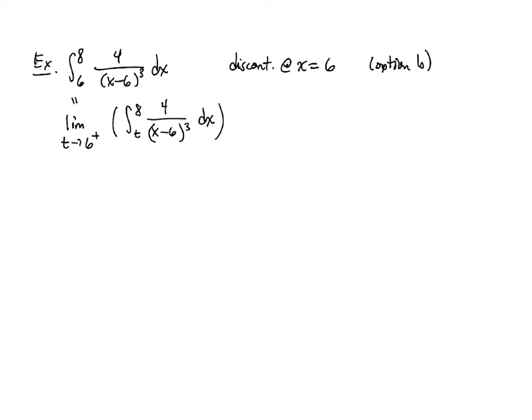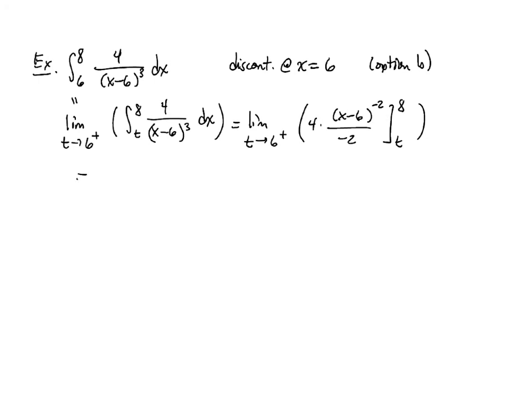Now that integral is relatively straightforward for us to compute. So x minus 6 cubed is x minus 6 to the minus 1/3. So we have 4 times x minus 6 to the minus 2 over minus 2, and then we evaluate from t to 8.